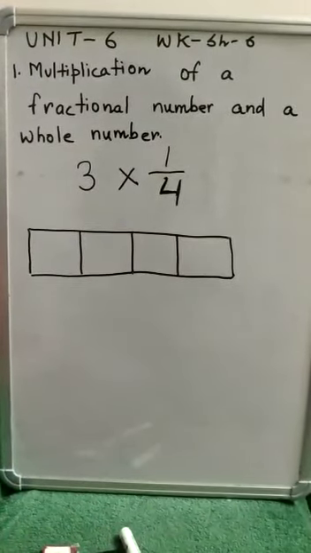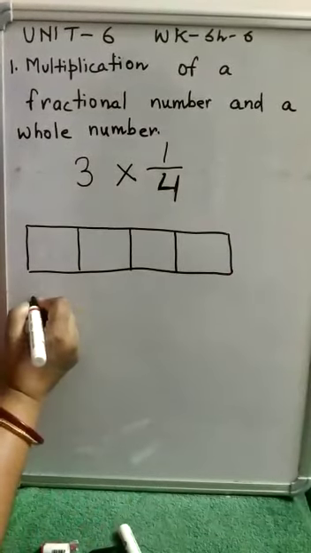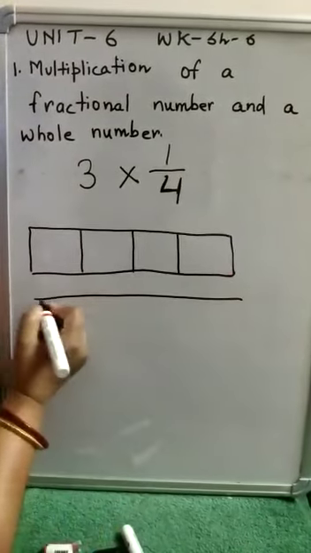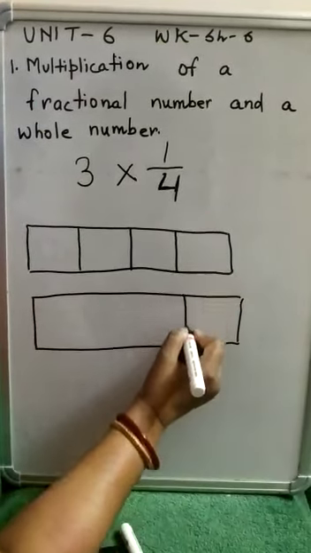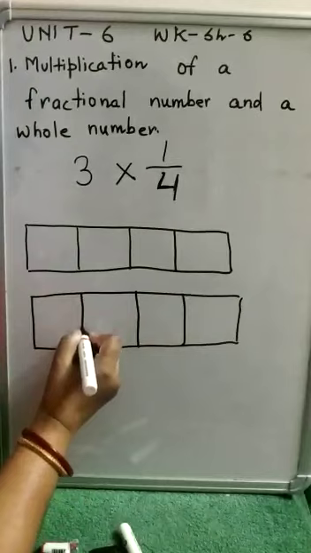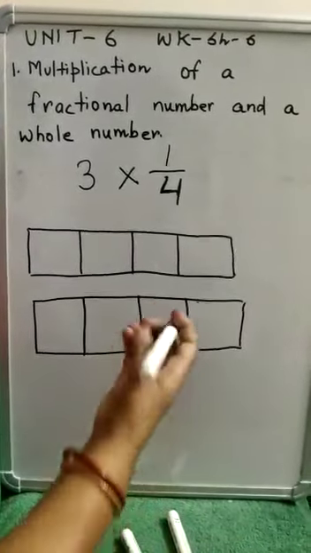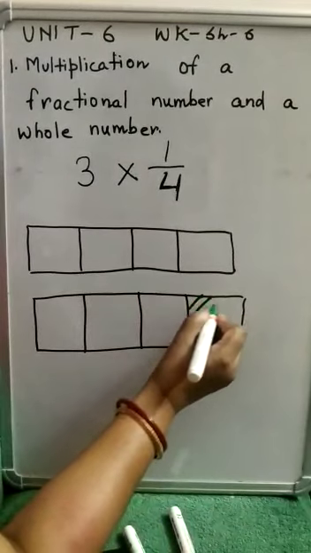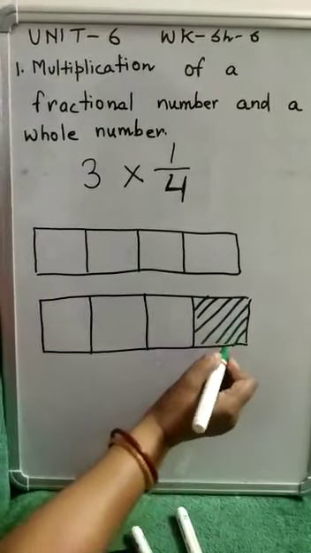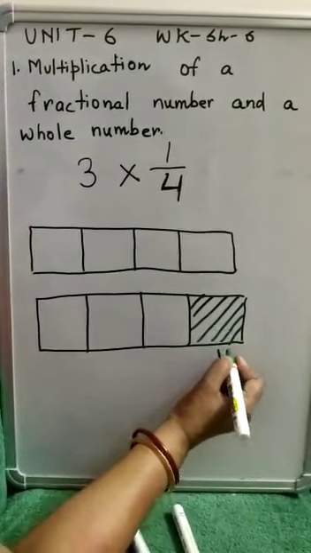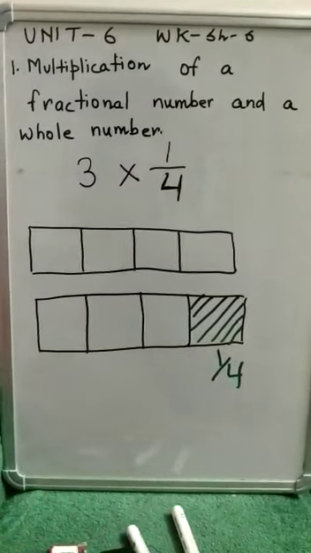Now 1 by 4. All of you see it. When I shade one part out of these 4 parts, the shaded part is 1 by 4.